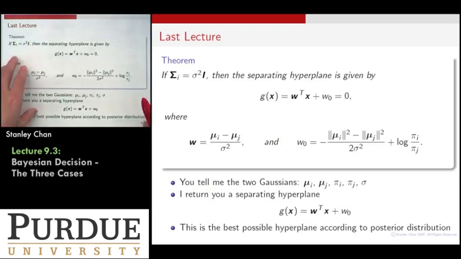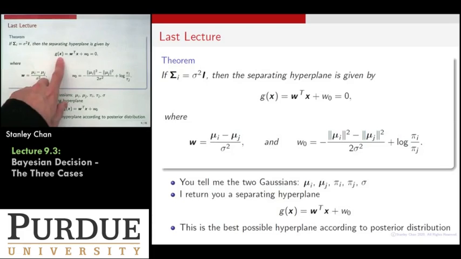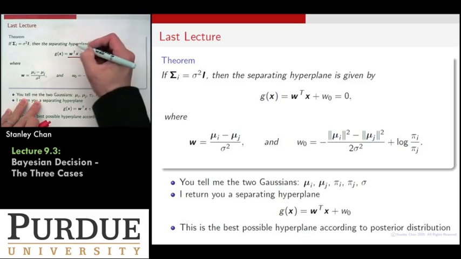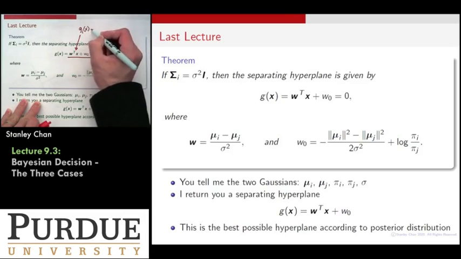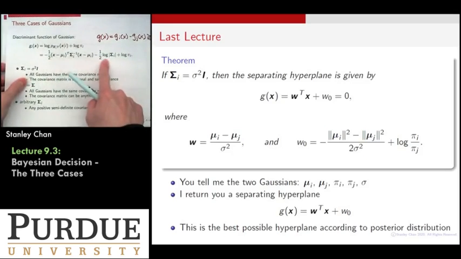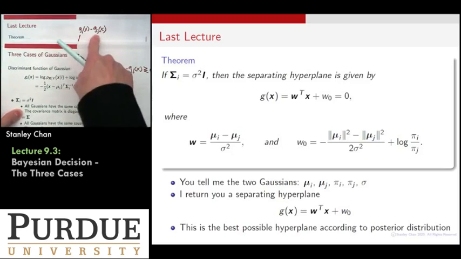Last lecture, we proved that in the first case, where the covariance matrix is identity, you can show that the decision boundary, this g(x), is a linear equation. And the reason we can get that is that you have this g_i(x) minus g_j(x). You look at the equation previously, you plug in the g_i into this equation, put the g_j into this equation.